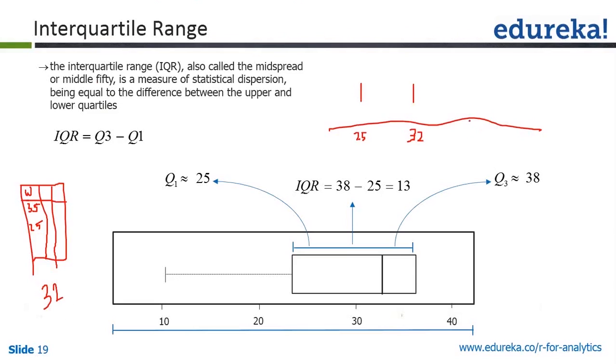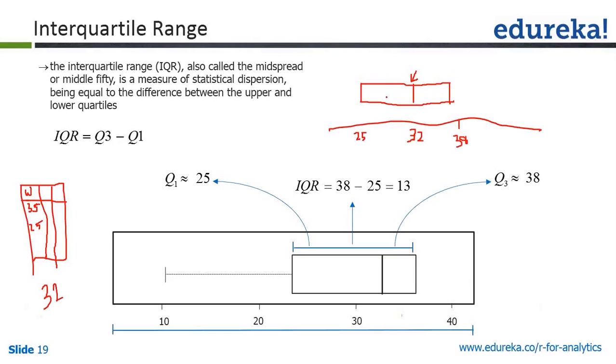And let's assume the 75th percentile value is somewhere around 38. Then I draw another line here. Now you connect all these lines. This is your median, this is your 25th percentile value, and this is your 75th percentile value, because this is the 50th percentile. So this is the 25th, this is the 50th, and this is the 75th.